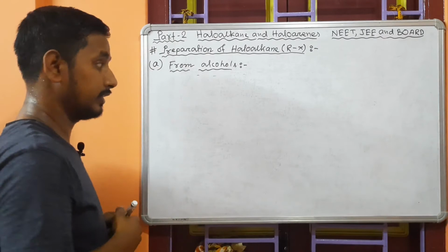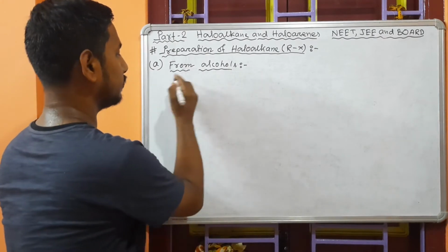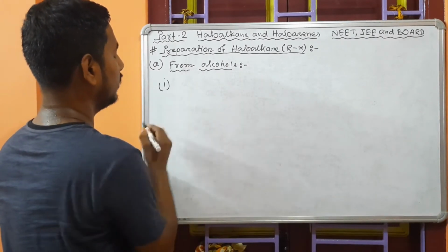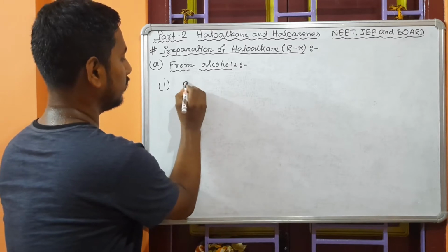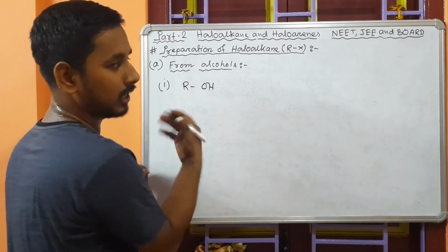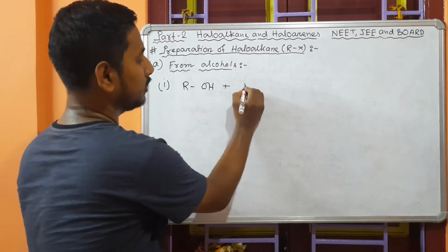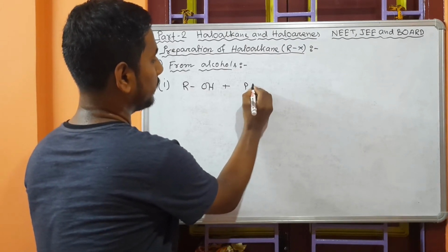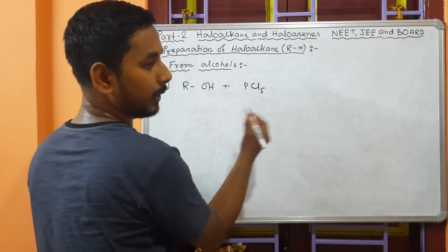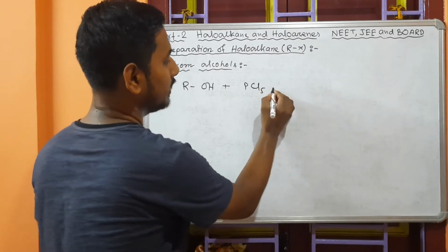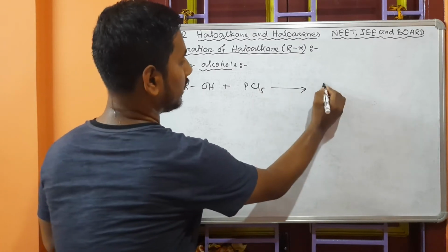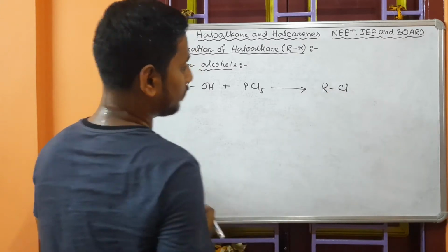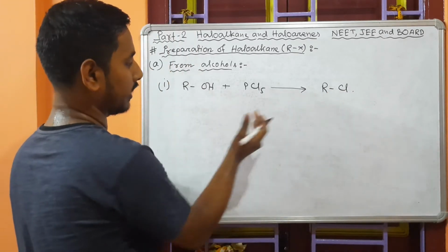phosphorus halide. By the reaction of phosphorus halide, like you have ROH, alcohol, and you react with phosphorus halide, like PCl5. This is phosphorus halide. Then you get RCl as product.